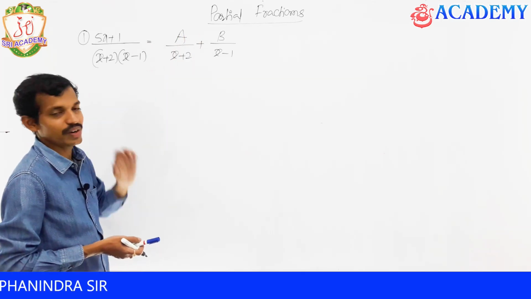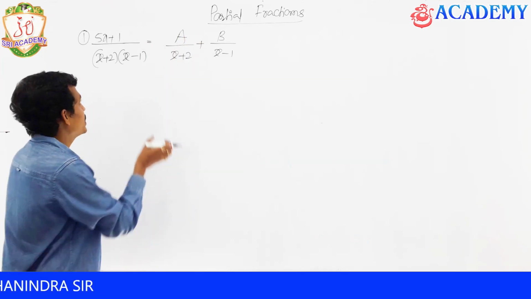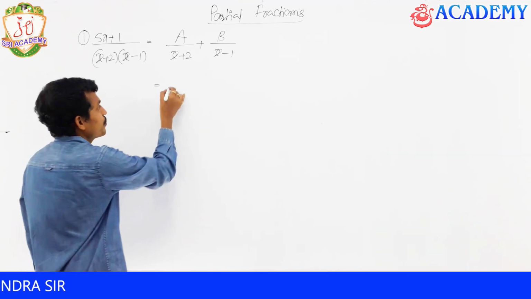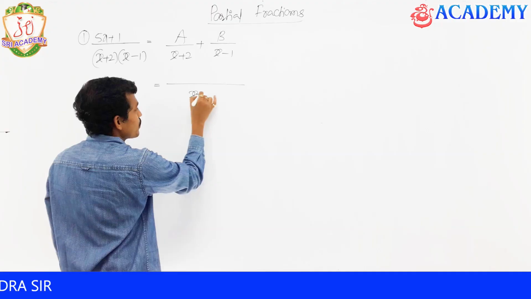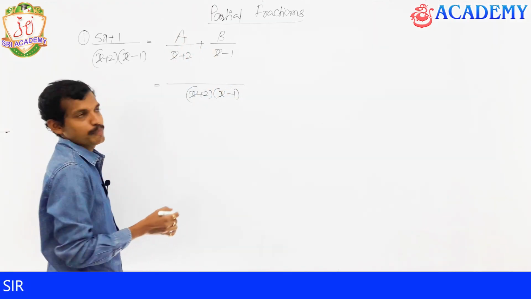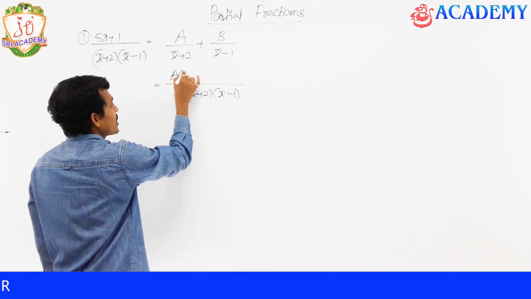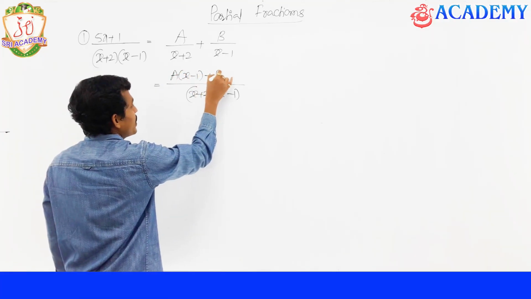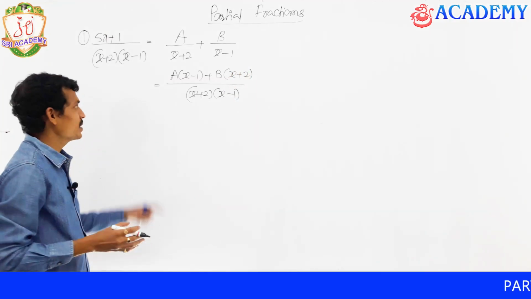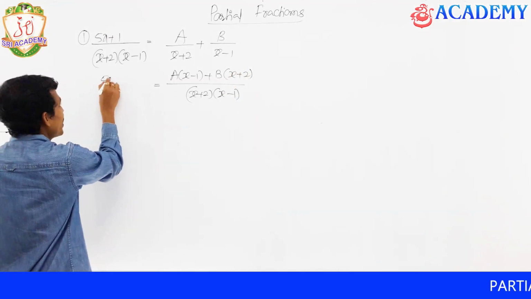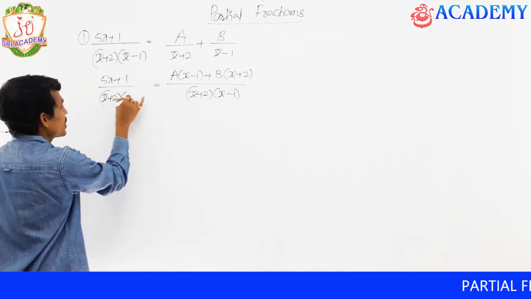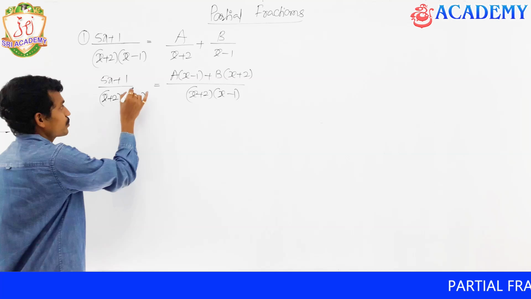Now I follow the procedure: on the right side I take the LCM, which is x plus 2 into x minus 1, and cross multiply: a into x minus 1 plus b into x plus 2. You all know how to take an LCM, so there is no difficulty. The right side stays as it is, 5x plus 1 divided by x plus 2 into x minus 1.